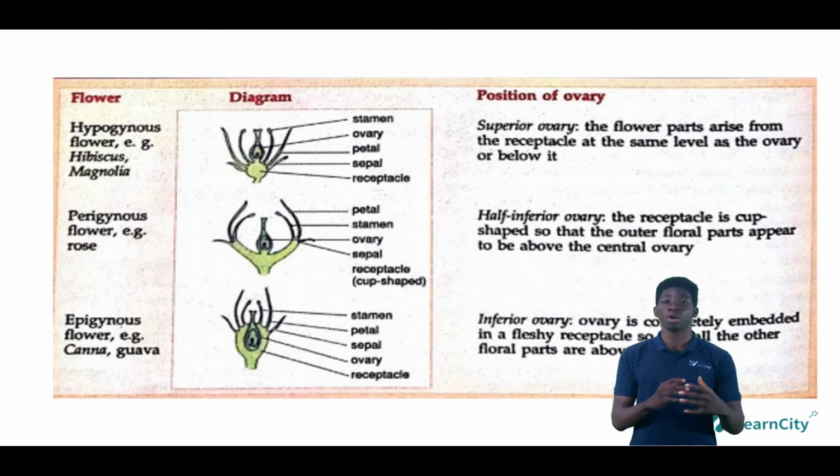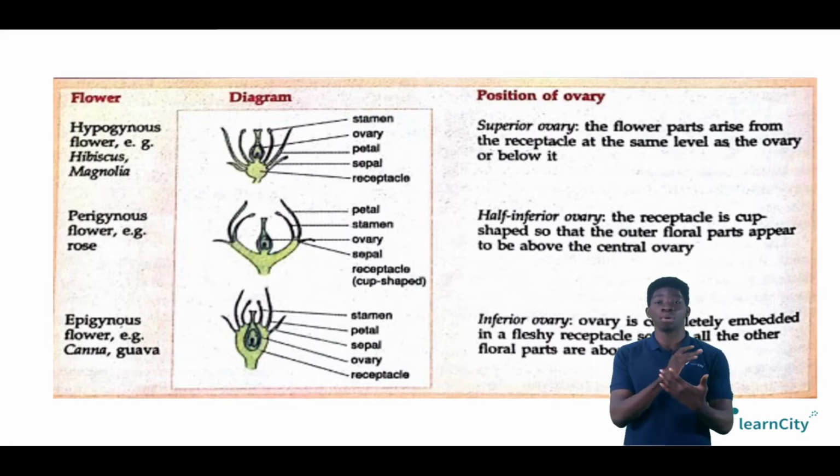The receptacle is shaped like a cup. So the outer floral parts appear to be above the central ovary. The flower parts seem as if they are above the central ovary. So we call that kind of flower perigynous, and the position of the ovary is called half inferior ovary.